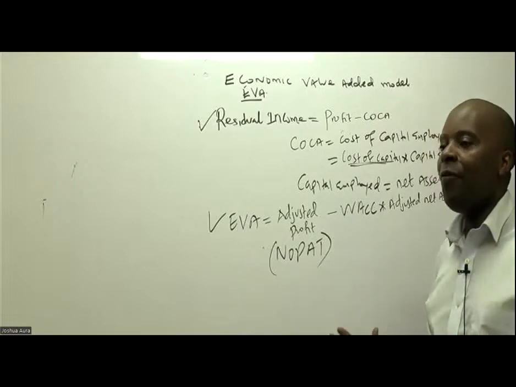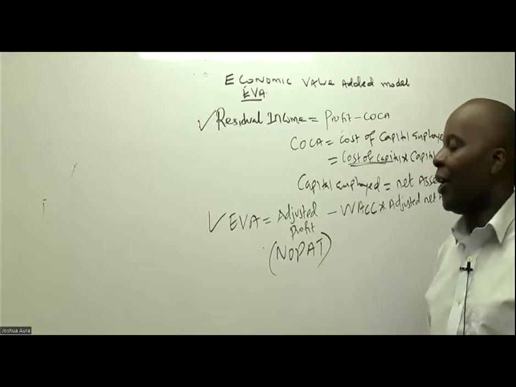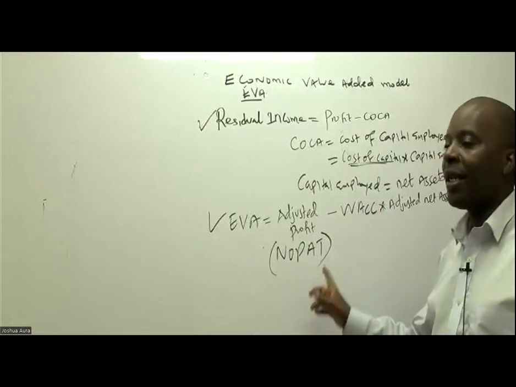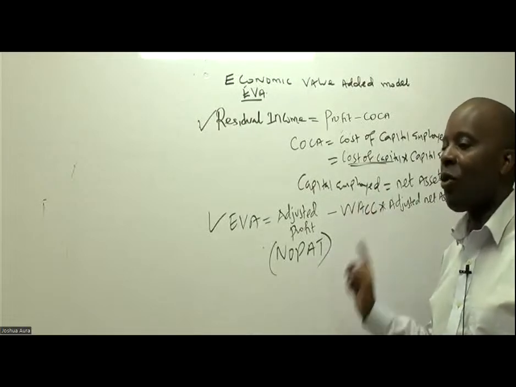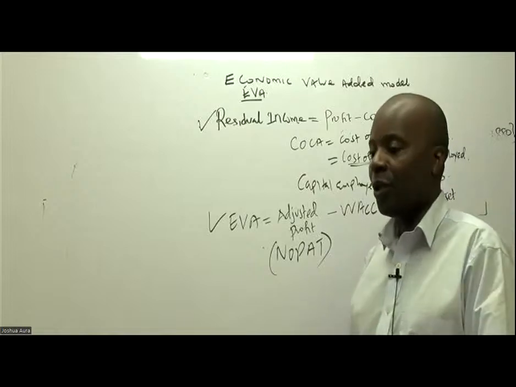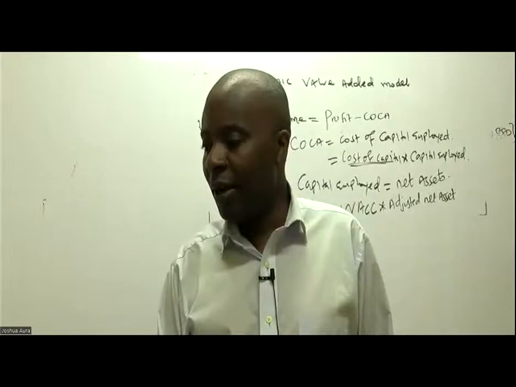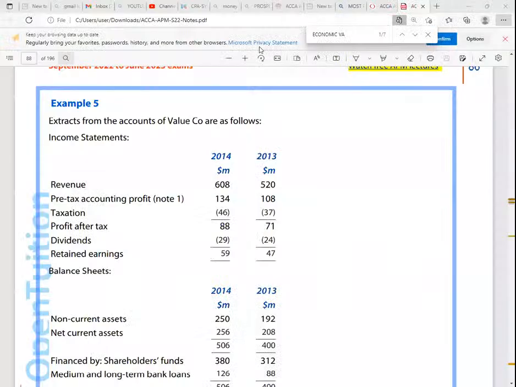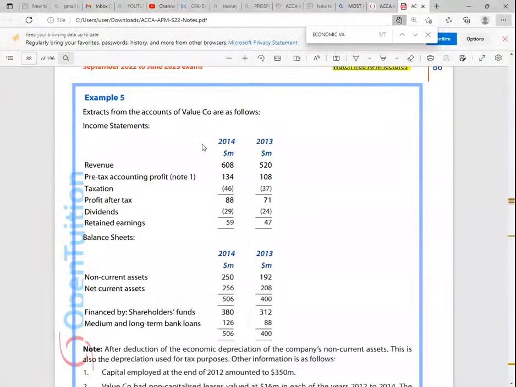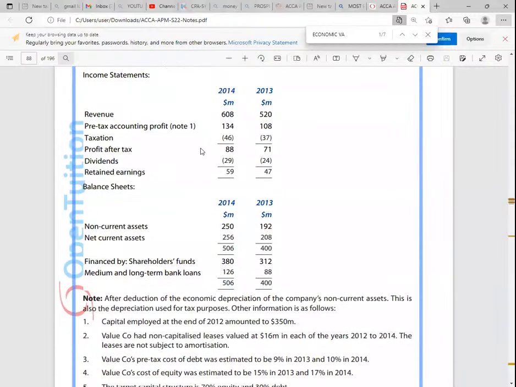So I want to give you exactly 5 minutes. Try to compute this net operating profit after tax from the question provided here. I'm giving you exactly 5 minutes, and I want to share this book with you during those 5 minutes.